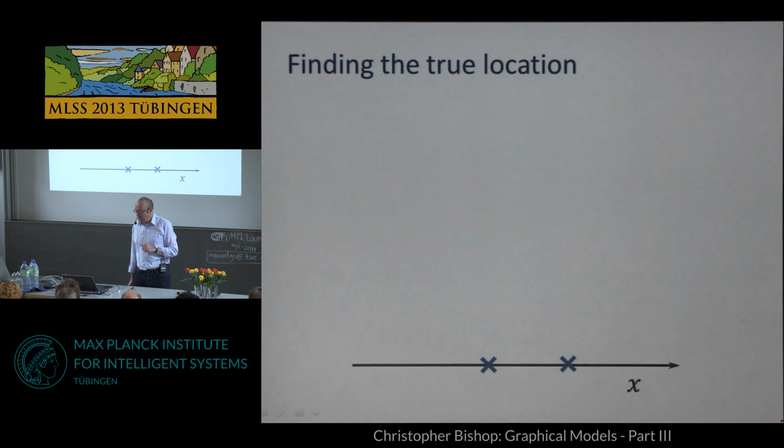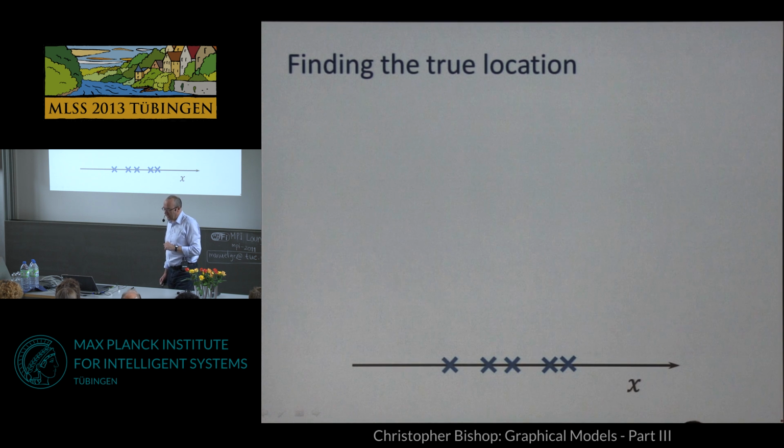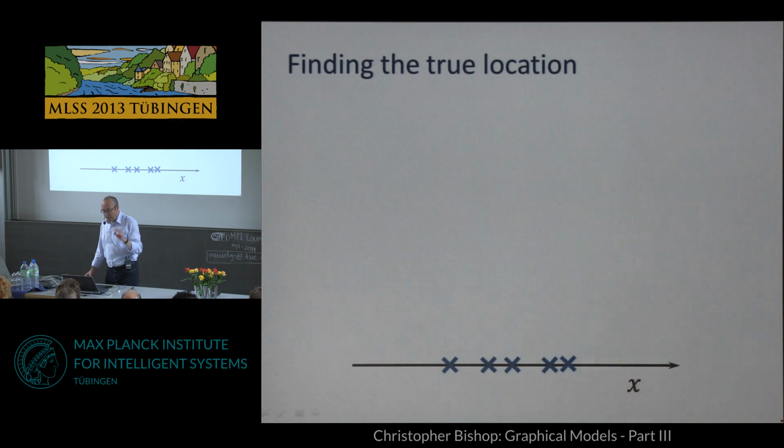So I've got a bunch of measurements of the hand, and this is corrupted with some sort of random noise process. And so what am I going to do? What would be a sensible thing to do? Well, I guess an obvious thing to do is just to average the data and to treat that as my best guess for the position of the hand. And that's absolutely fine. That's a perfectly sensible thing to do.